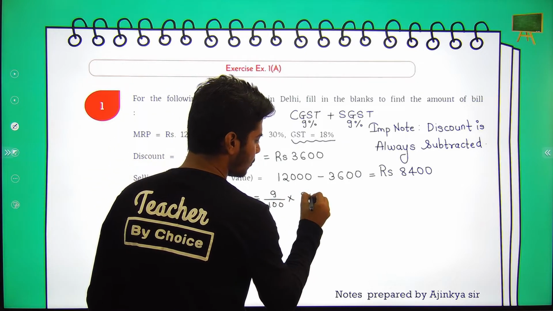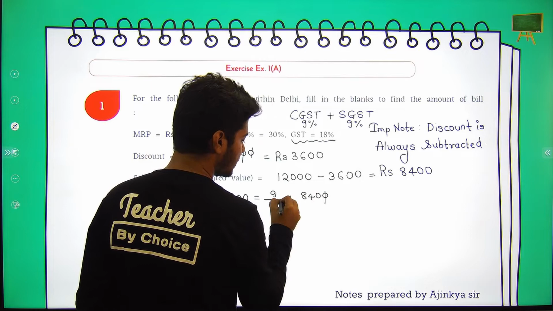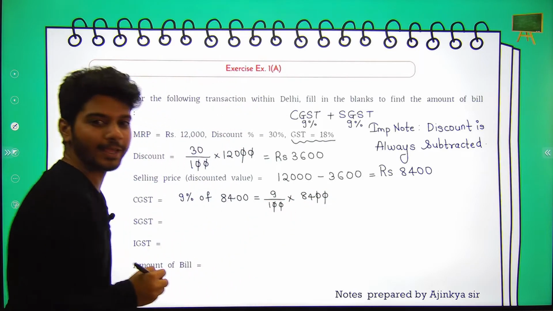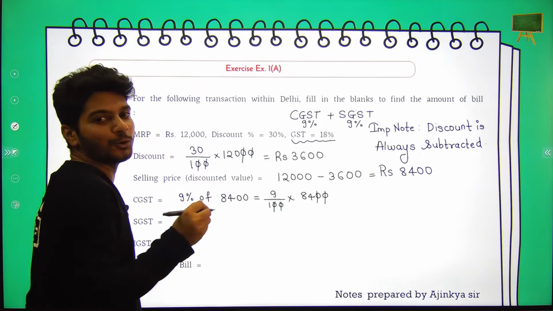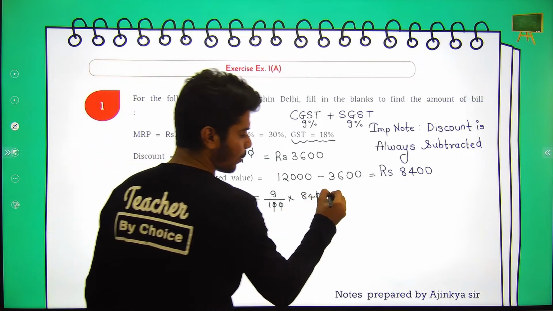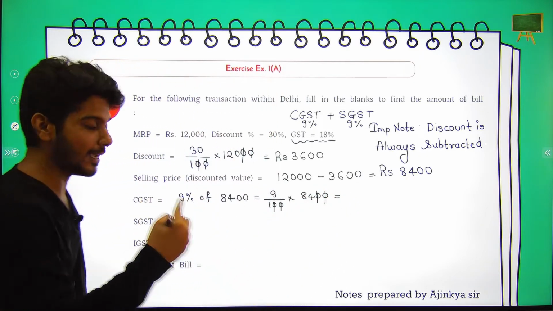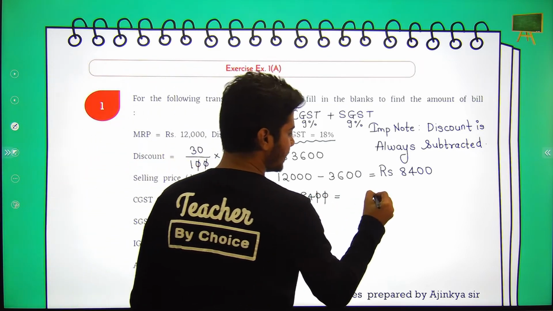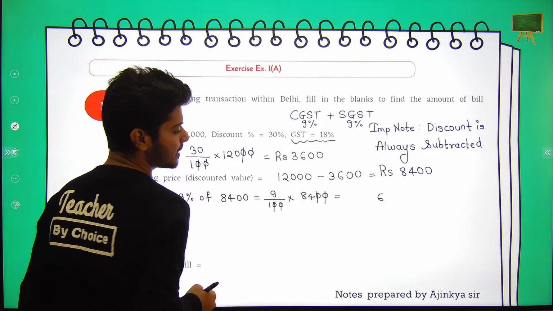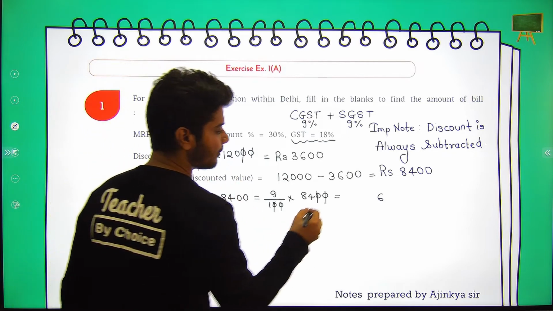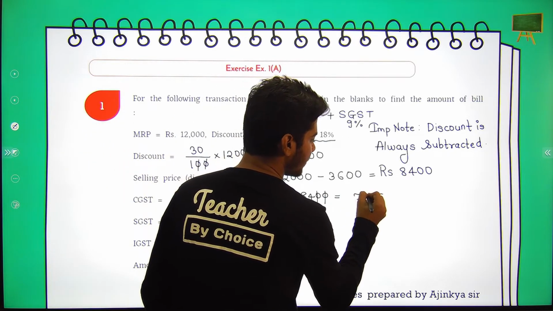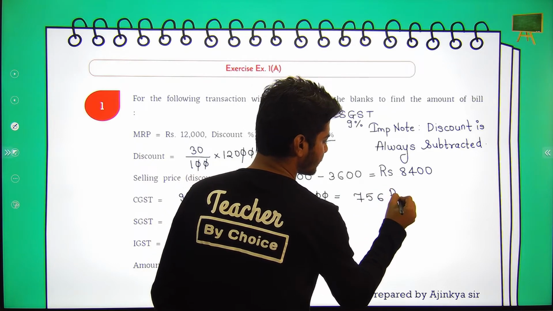Zeros cancel. I hope you are paying full attention on the board, and in case you don't understand, you can pause the video and recheck. 9 fours are 36, 3 carry; 9 eights are 72, 72 plus 3 is 75. So this would be 756 rupees.